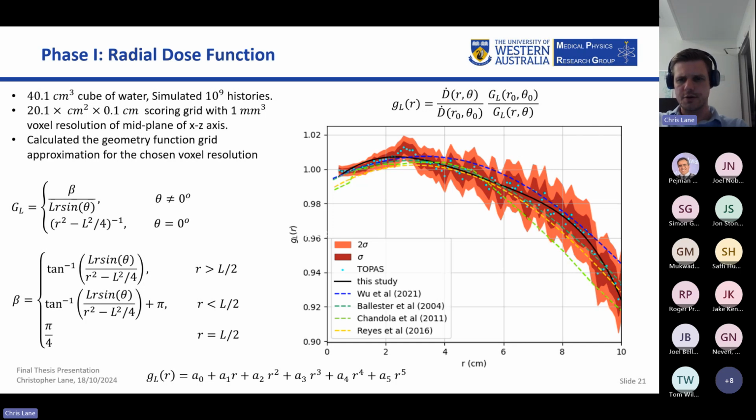There are a couple of strange deviations there, and I think it's partly because I could only get the radial dose out to about 10 centimeters, whereas most papers were measuring out to about 20 or 30. But it seemed consistent enough, and I also think the number of histories I chose was fairly low for this, so it probably would have had a tighter spread if I'd used more histories.